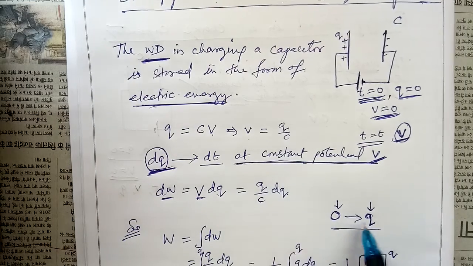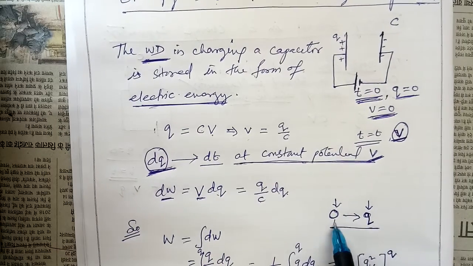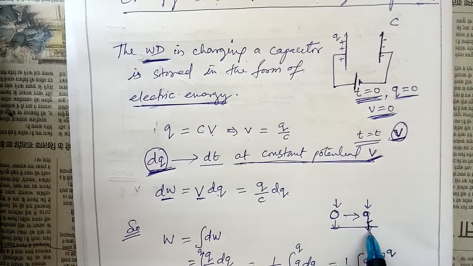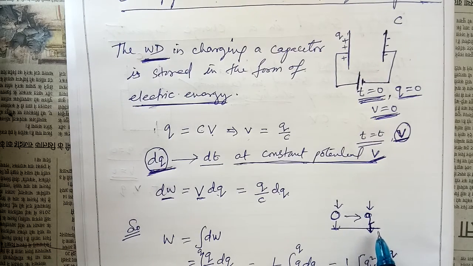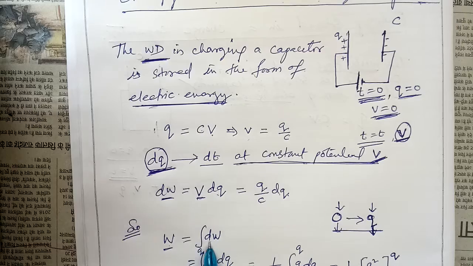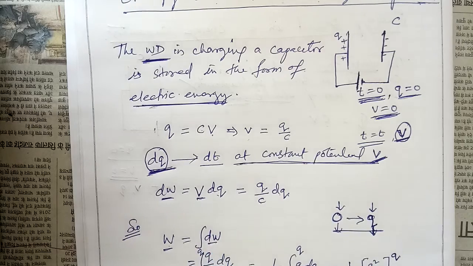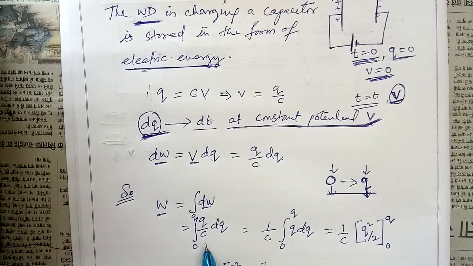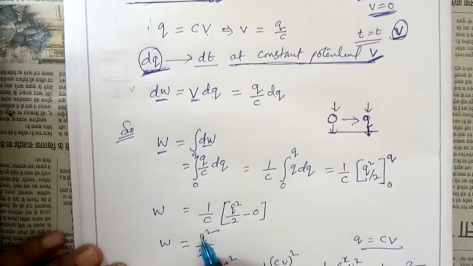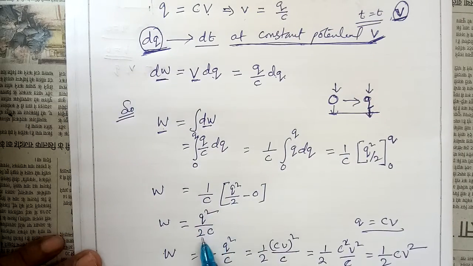But our target is to charge the capacitor which initially had 0 charge to charge q. So we need to do work, and the expression for work is given as W equal to the integration of all small dW's. Simplifying, we get W is equal to q square by 2C.